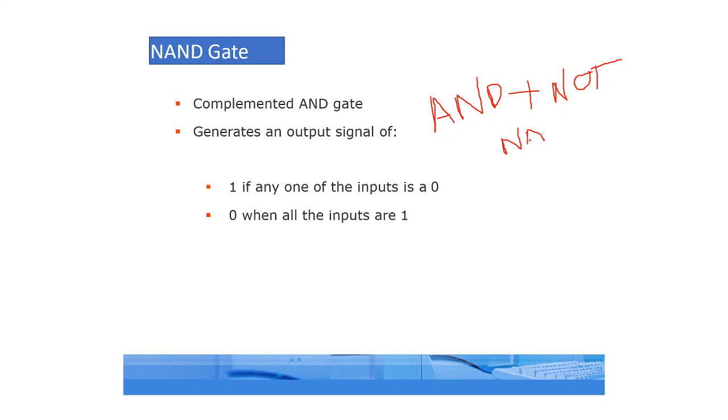So it is a complemented AND gate, and it generates an output signal 1 if any one of the inputs is 0. Otherwise it generates an output signal 0 if all the inputs are 1.